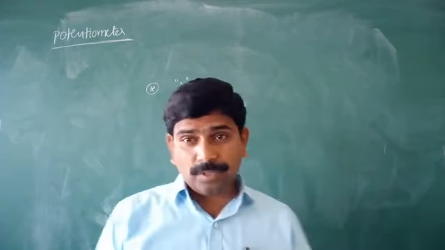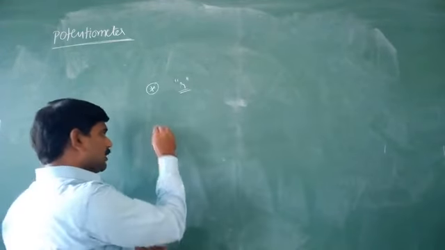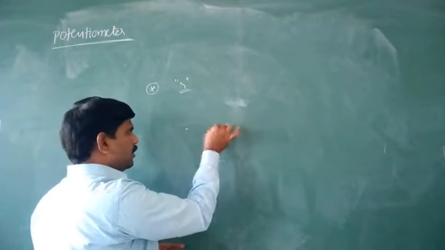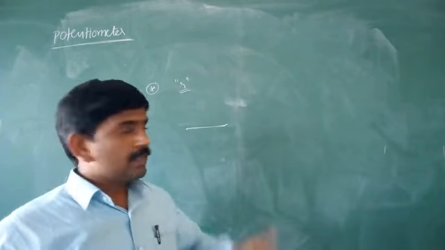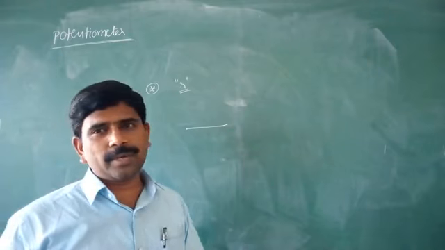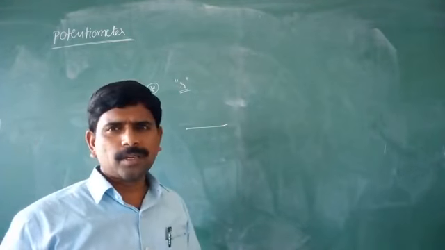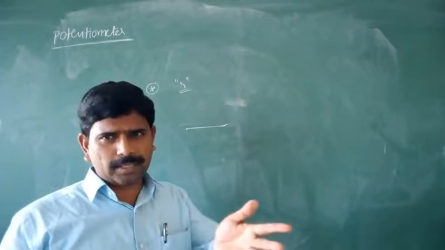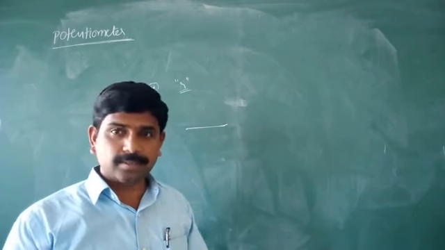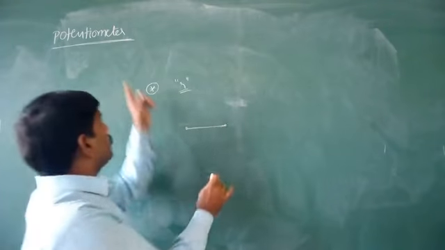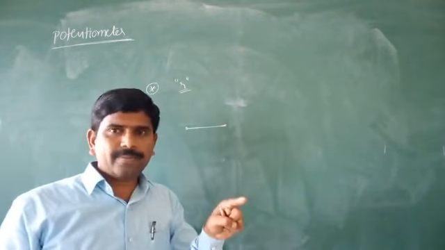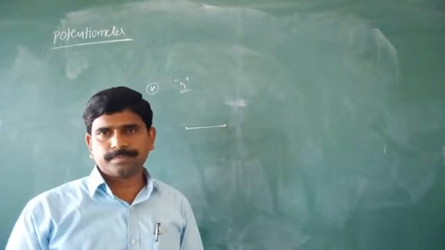Or in the circuit, in between any 2 points, if we want to find out the potential difference, that potential difference is also measured by using the potentiometer. The same thing is done by the voltmeter also, yes. But in case of the voltmeter, compared to the potentiometer, the error in that value is more.